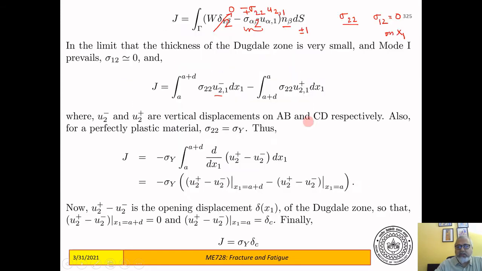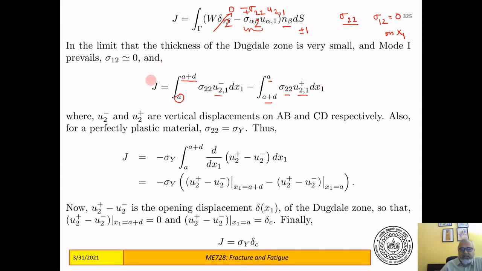With that notation, on the lower face you have sigma 22 u2 minus comma 1 dx1, with limits from a to a plus d, where the length of the Dugdale zone is d. And n2 is plus 1 on the upper surface, so this minus is retained here, from a plus d to a, and you have sigma 22 u2 plus comma 1.